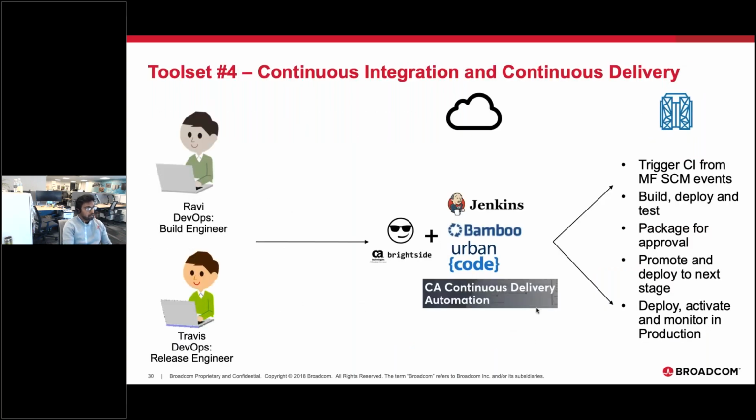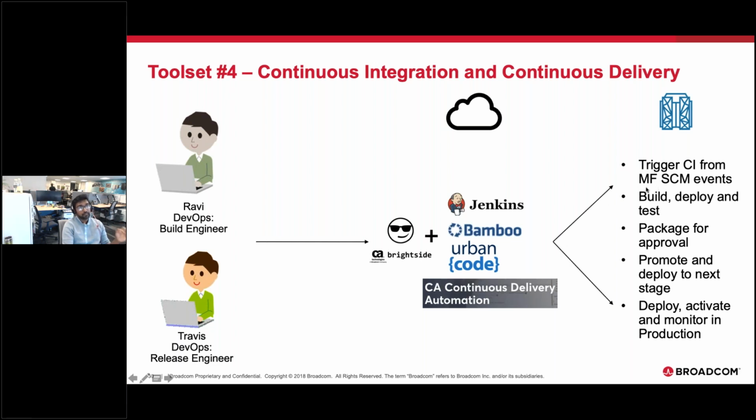So our two folks here are Ravi and Travis, build engineer and release engineer. Simplifying all of this, they're going to be using Brightside in combination with popular CI/CD tools, Jenkins and Bamboo on the CI side, or on the continuous delivery side, Urban Code or Continuous Delivery Automation from CA Broadcom. They're going to automate some common tasks on the mainframe here.